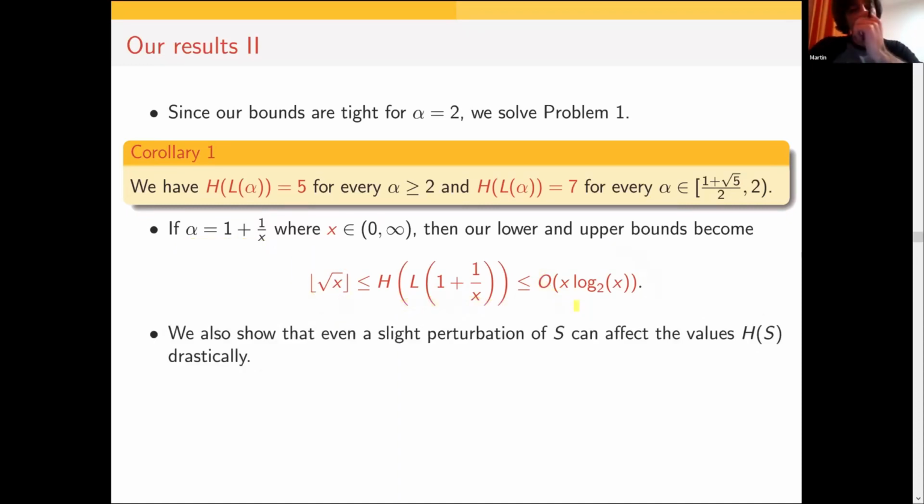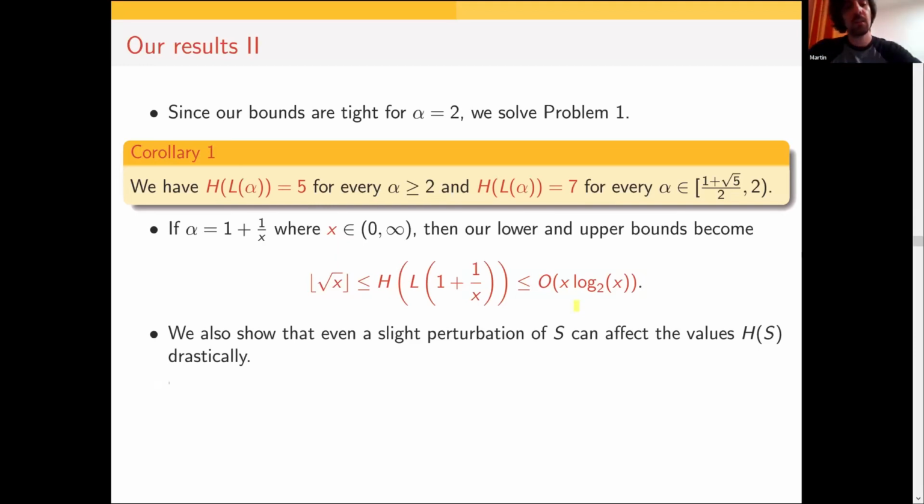Now, I said some minutes ago that when I saw it for the first time, I thought the density might play a role, and the fact that it is sparse means that there will be large holes. But this is actually not true, and it turns out that the density actually doesn't matter, because we can slightly perturb points of our exponential lattice, and then we can drastically change the Helly numbers.